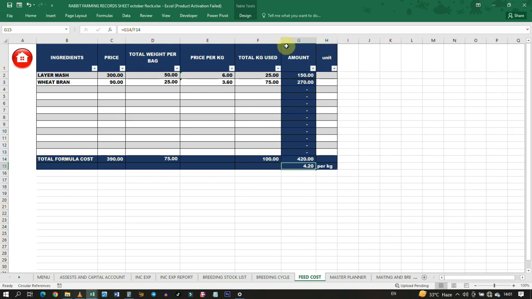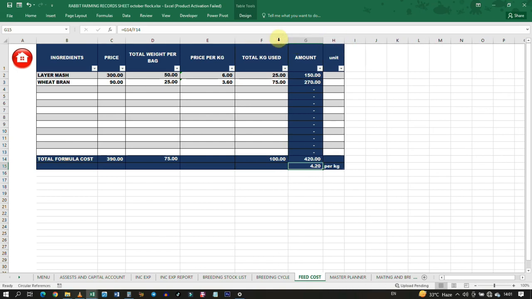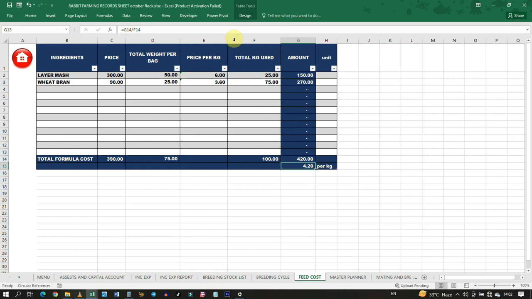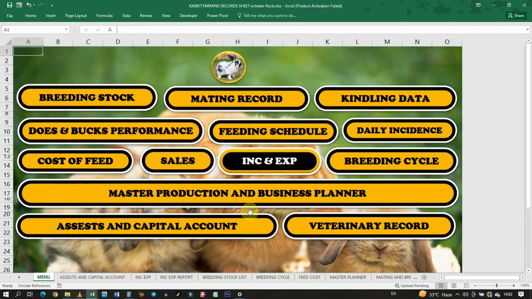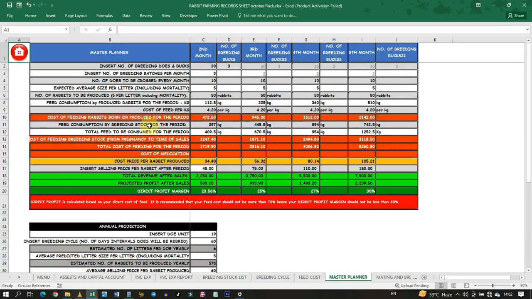I have someone from Zambia, Zimbabwe, Togo, and even Nigeria, so we had to make it neutral. So 4.20, or 4.20 pesos in Ghana. Then it reflects here as cost of feed.